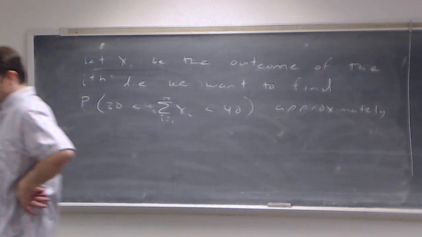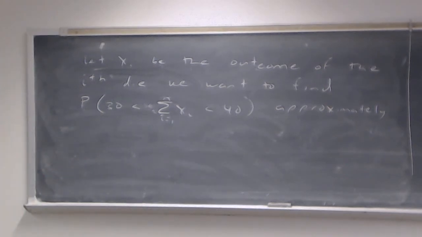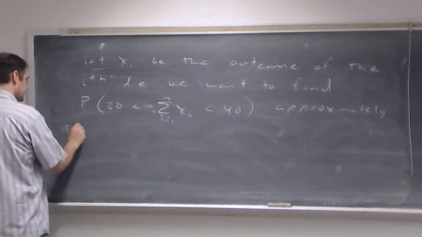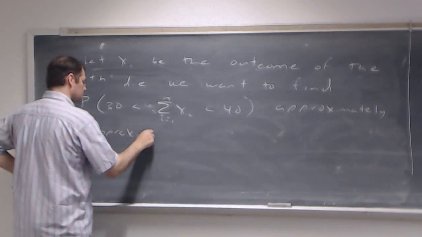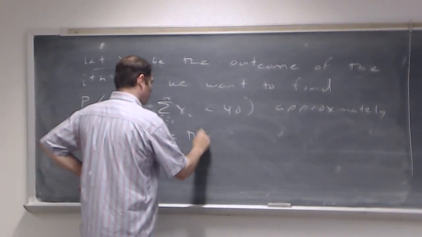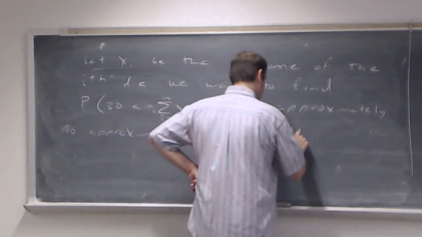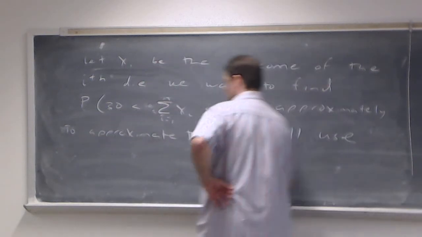So I want to make this look like the central limit theorem. To approximate this probability, we will use the central limit theorem.